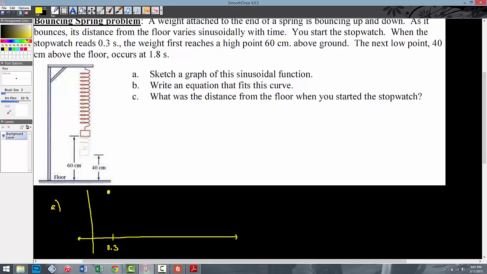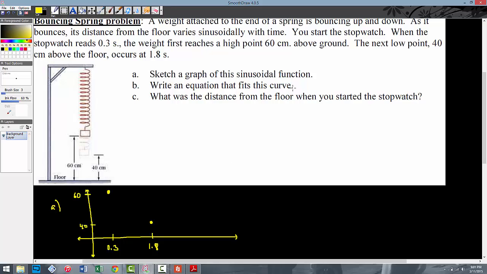These are almost like the things we just did, except now they're asking you to graph it, and they're not giving you the graph. It says the next low point is 40 centimeters above the floor, which occurs at 1.8 seconds. It hits its lowest mark right here, which is 40.